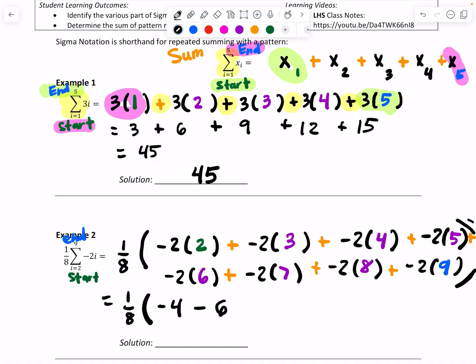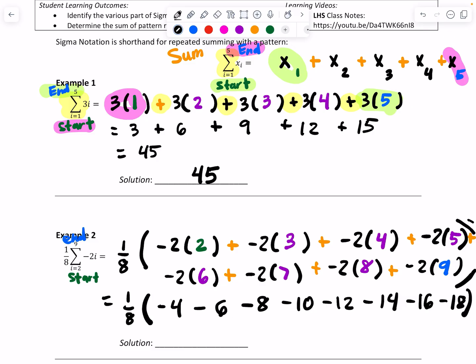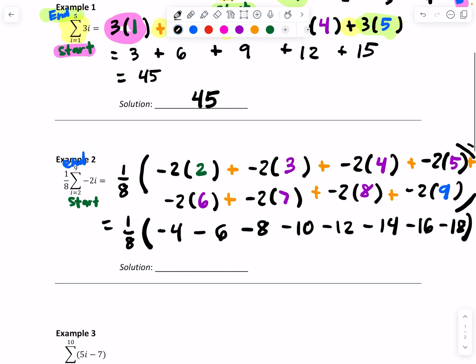Negative 2 times 4 is negative 8. Negative 2 times 5 will be negative 10. Negative 2 times 6 will be negative 12. Negative 2 times 7 is negative 14. Negative 2 times 8 is negative 16. And negative 2 times 9 is negative 18. Okay, and if you want to add plus signs between those, you can, or you can just leave it like that. Your calculator knows how to interpret it.